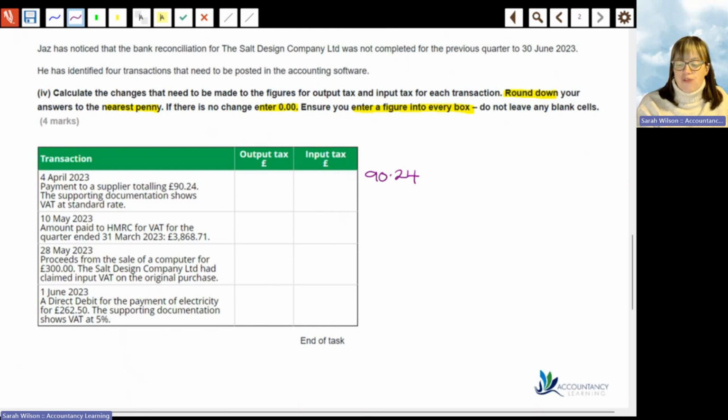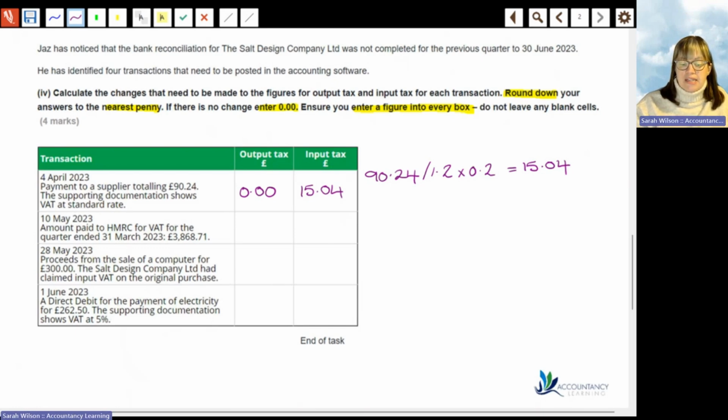It's at a standard rate. So we can work out the VAT amount that needs to be adjusted for, which is 15.04. So we need to put 15.04 in here. And remember, we need to put 0.00 in any of the empty boxes.